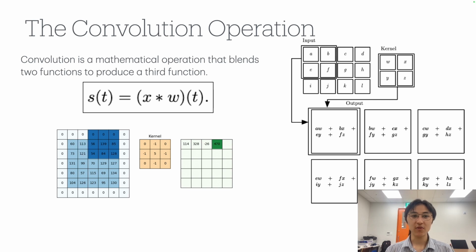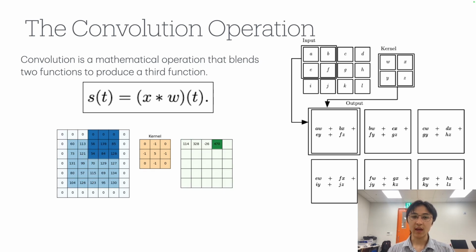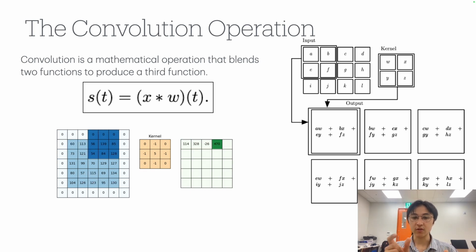Convolution operation is a mathematical operation which uses two functions to create a third function. In our case, it is applying a kernel to the input and shifting the position of the kernel to the right over the input.